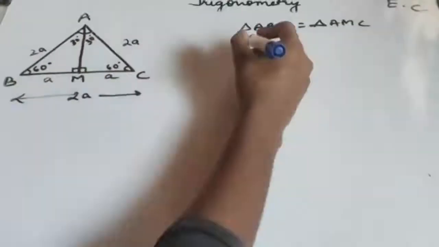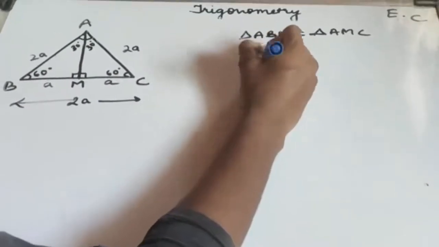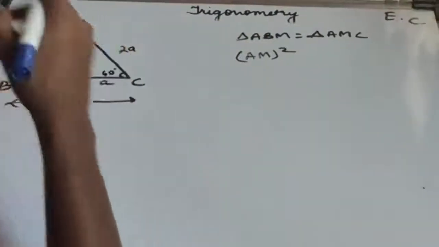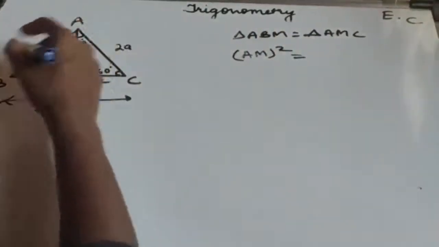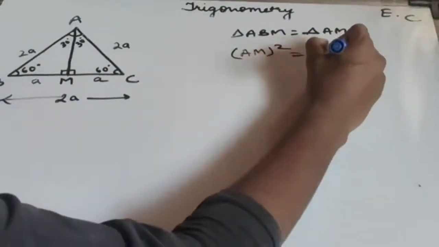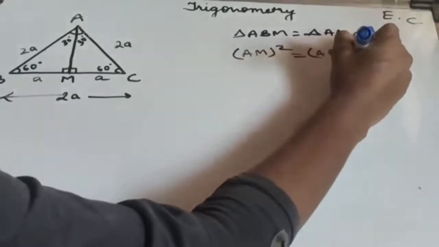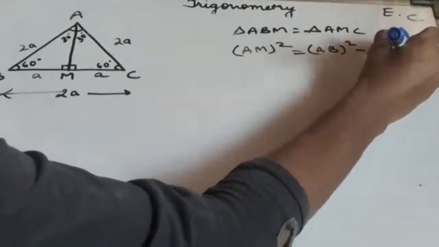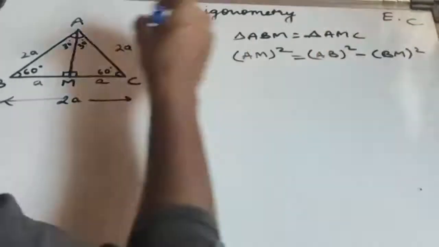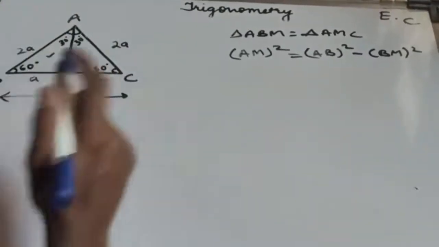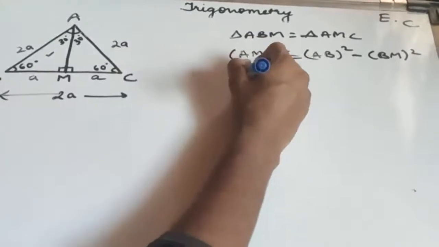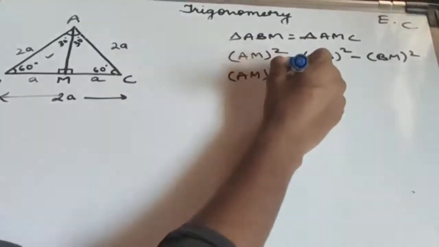Let's find the unknown length AM. AM square will be AB square minus BM square. We are talking about this triangle. AM we don't know, we have to find it out.